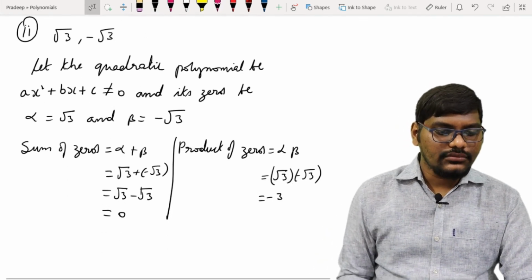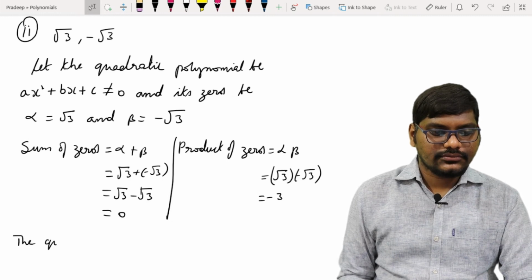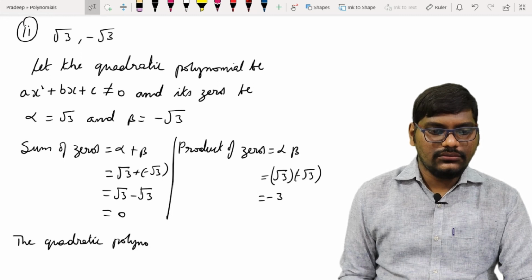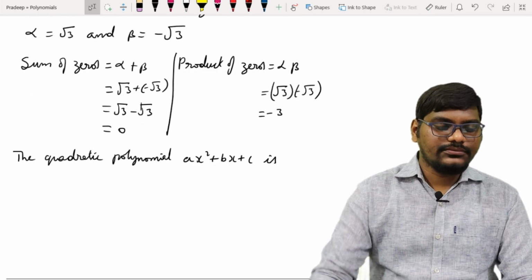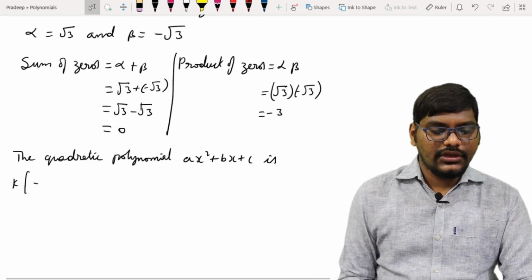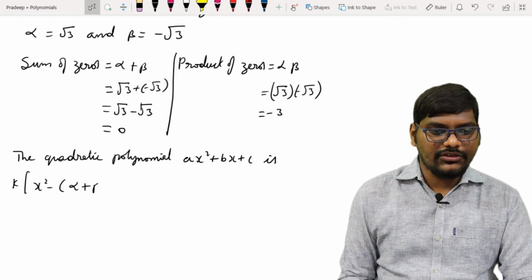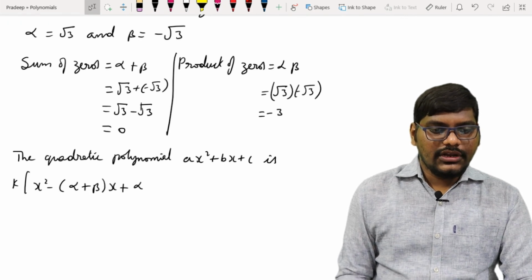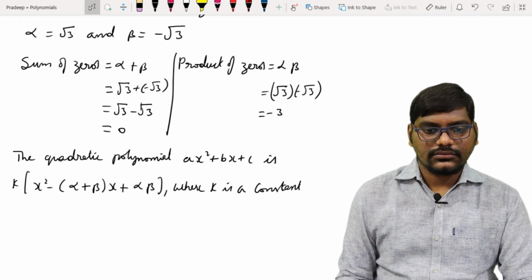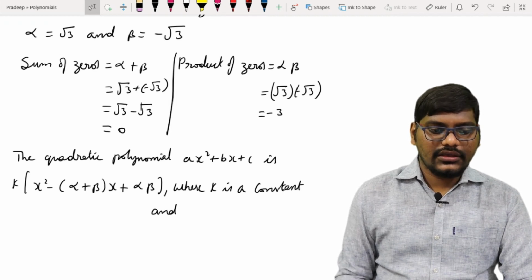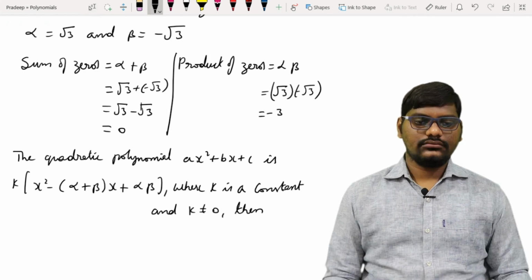So I can write the quadratic polynomial ax square plus bx plus c as k into x square minus the sum, that is alpha plus beta, times x, plus alpha beta, where k is a constant and k is not equal to 0.